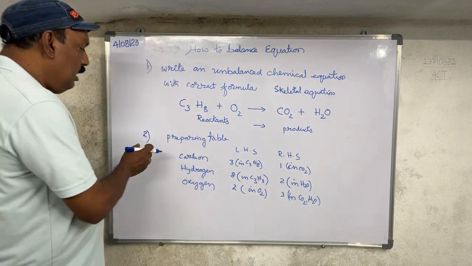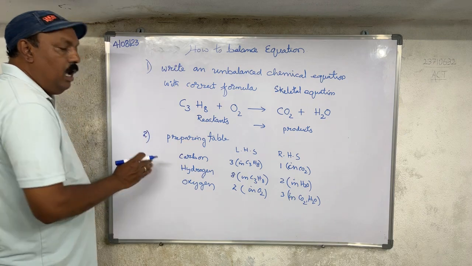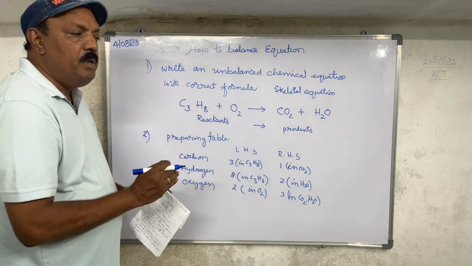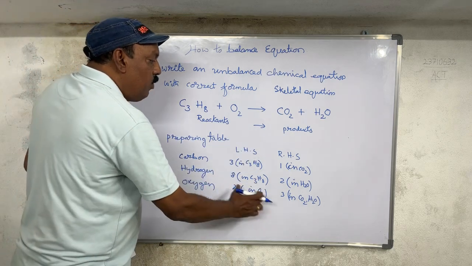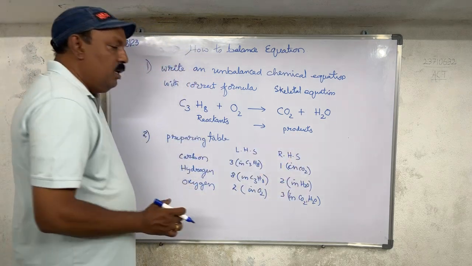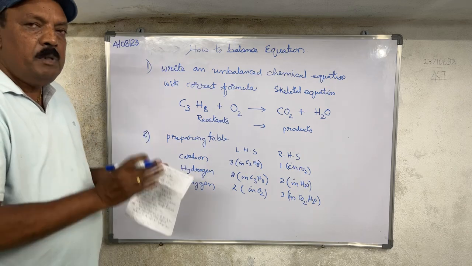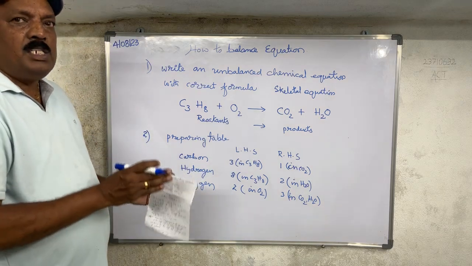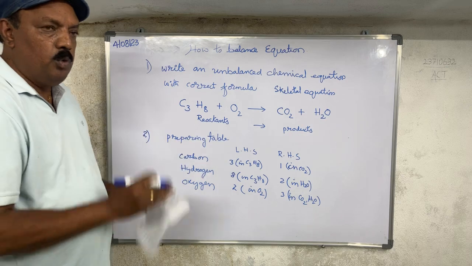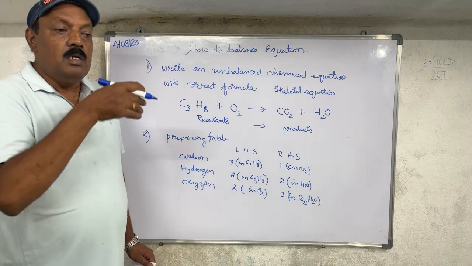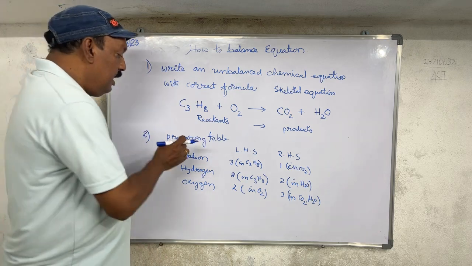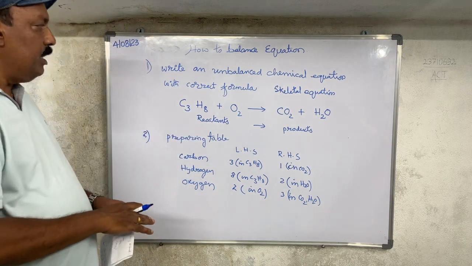That means step number 2 is you have to put the table of what is there in the left hand side and what is there in the right hand side. It shows a clear picture regarding the unbalanced chemical equation. In step number 3, we are going to balance each and every element now. Now step number 3 will go.